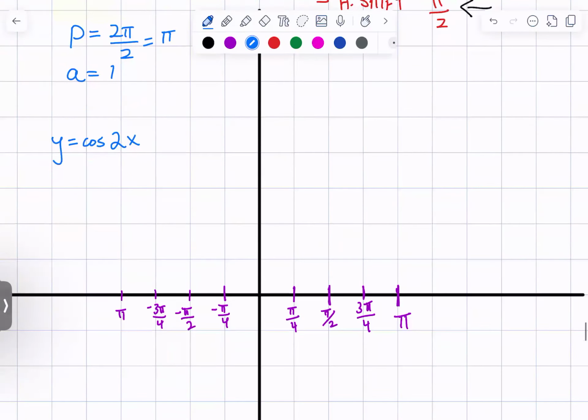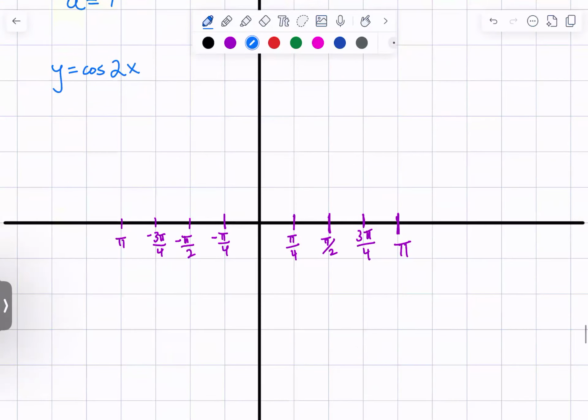If you know 0 starts off at 1, my next point down is 0, next point down is negative 1, next point is 0, next point is 1. Going to do that on the negative side too: 0, negative 1, 0, and 1.